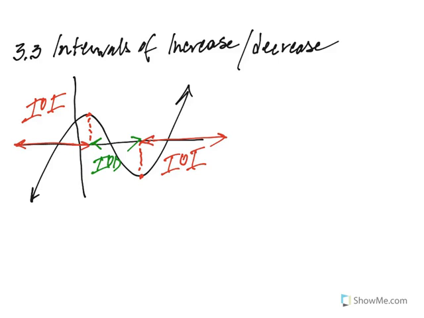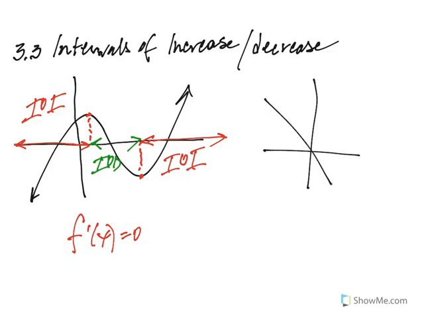You can see from this drawing that the intervals of increase, decrease are separated at critical numbers in this case. And critical numbers, to review, are where f prime of x is equal to 0, or as illustrated in this drawing, critical number would be where f prime of x is undefined.